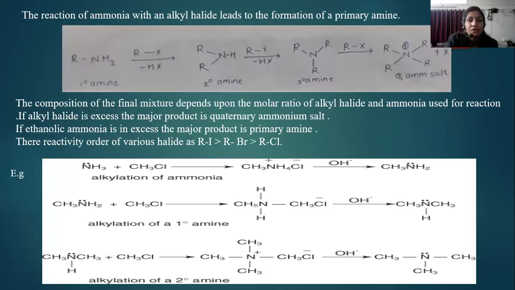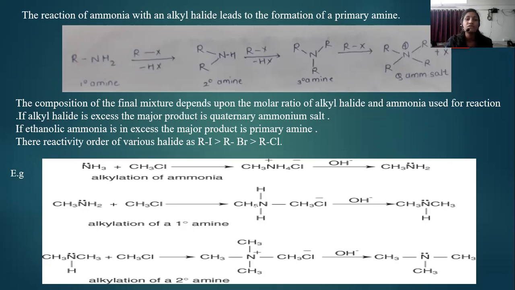This reaction of ammonia with alkyl halides leads to the formation of primary amine. This is the primary amine RNH2, and in presence of alkyl halide, we get secondary amine. Adding more alkyl halide to the secondary amine gives tertiary amine. In the third step, adding more alkyl halide gives the quaternary salt.